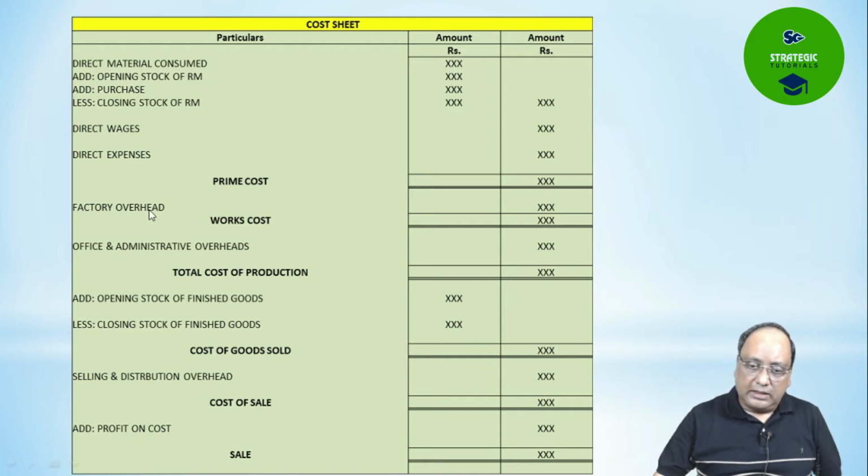Then you add factory overhead, you will get works cost, then office and administration overhead, then you will get the cost of production. You add opening stock of finished goods and less closing stock of finished goods, that is cost of goods sold. You add selling and distribution overhead, that is cost of sale, then add profit on cost, you will get sale price. So this is the cost sheet.